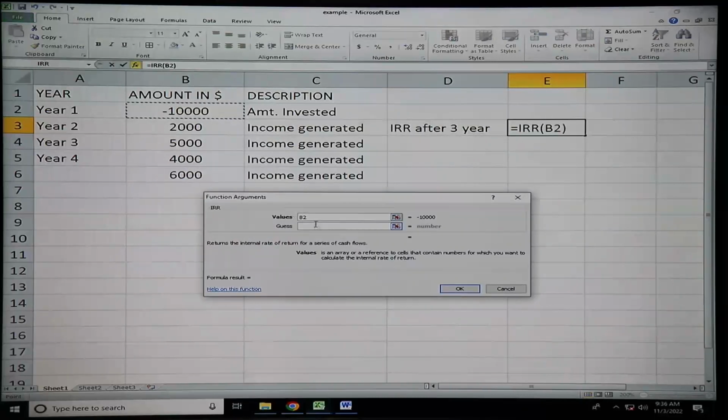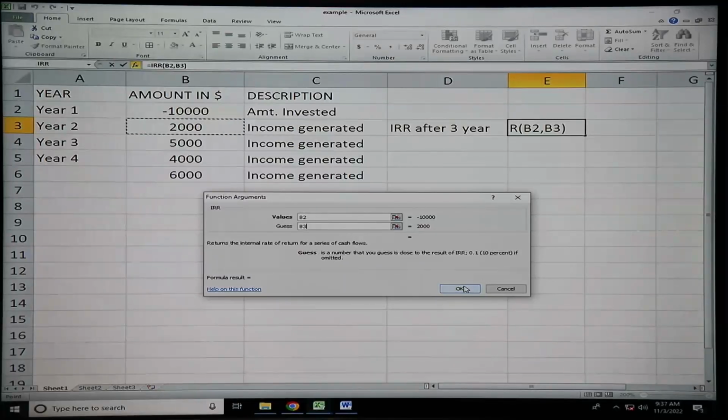And the guess number, if you are looking for this year, that is year 2, then you can take year 2. Then you want to see the reaction of this formula and what you're going to get.